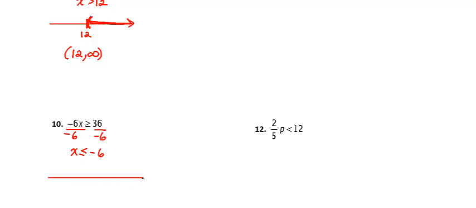Graphing this, we place negative 6 on the number line. Less than negative 6 is to the left, but we can equal negative 6, so we put a bracket at negative 6. The interval is from negative infinity to where it stops to the right, which is at negative 6.